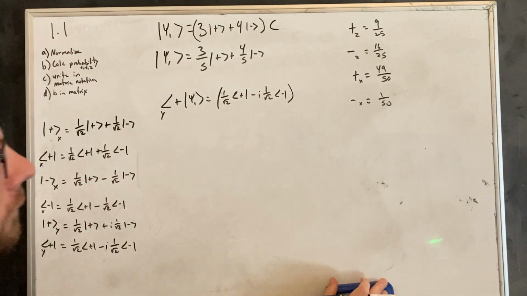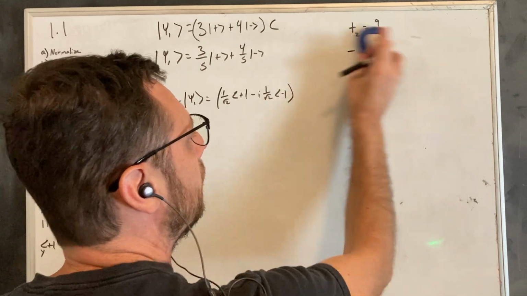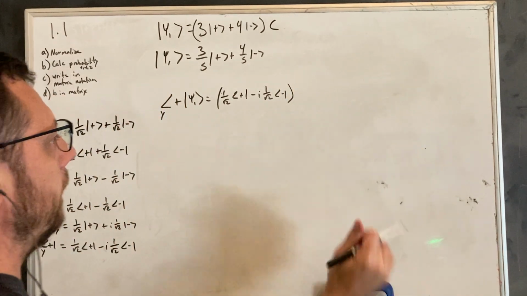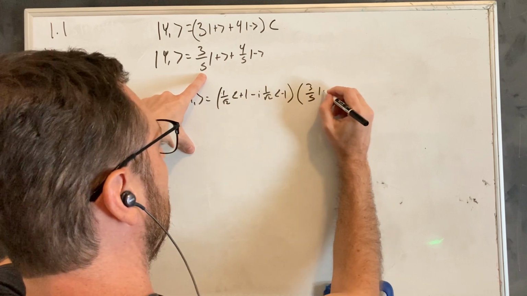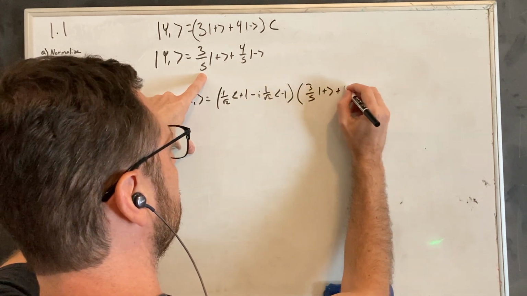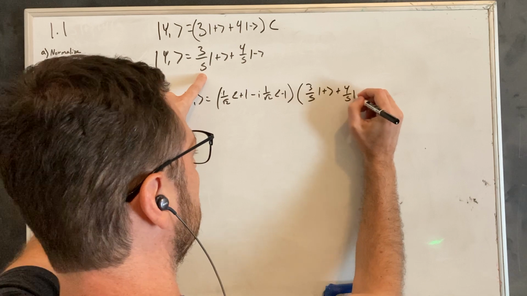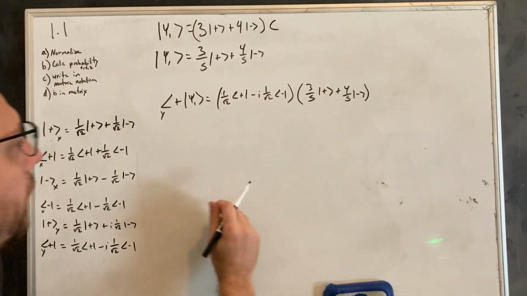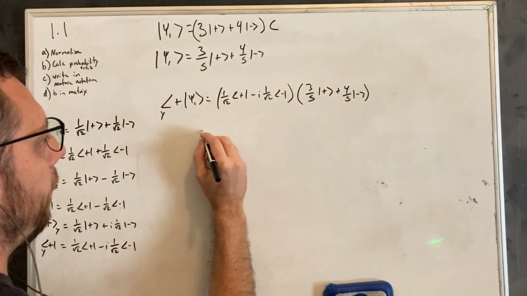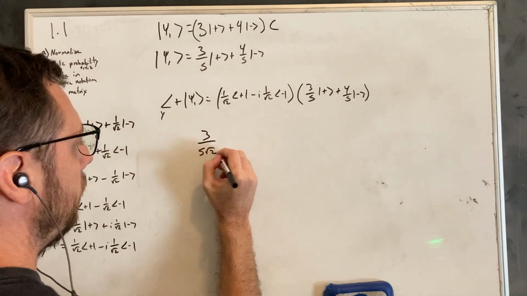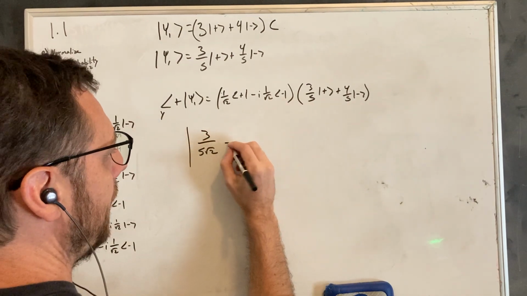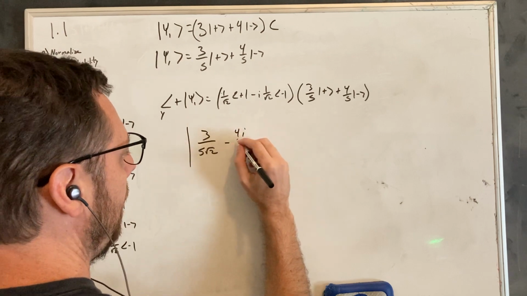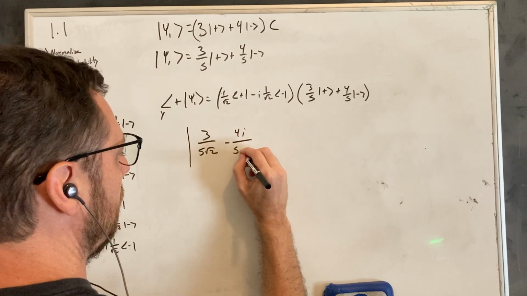I didn't leave myself enough room here, so I'll just go ahead and erase those. We have 3/5 up plus 4/5 down. All right, so we got a plus and a plus, so we have 3 over 5 root 2. And then we have our down and a down, so we have minus 4i over 5 root 2.